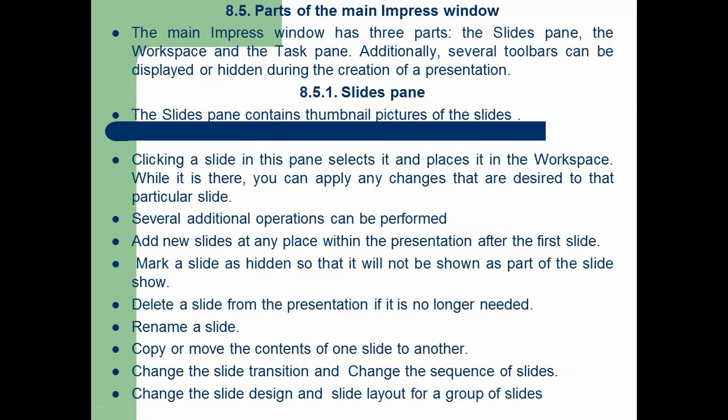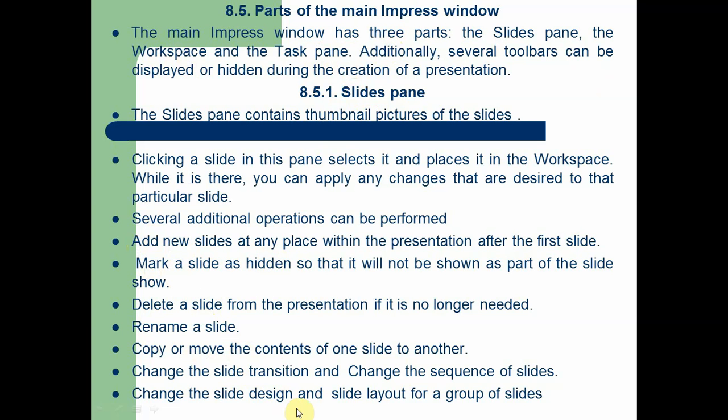Now we are going to see the next topic, parts of the main Impress window. I already told you that the main Impress window is divided into three parts. One is slide pane, another one is workspace, another one is task pane. In the slide pane, we can do whatever action is related to slides, like we can add a new slide, mark a slide as hide or show, delete a slide, rename a slide, copy or move a slide, change the slide transition, change the slide design.